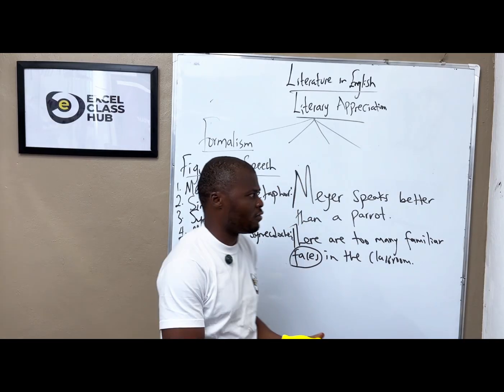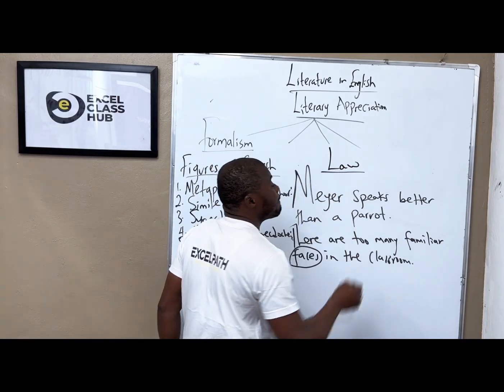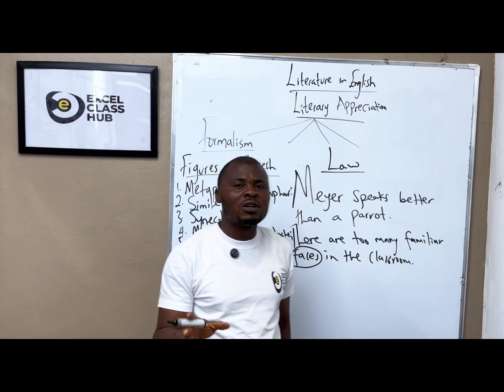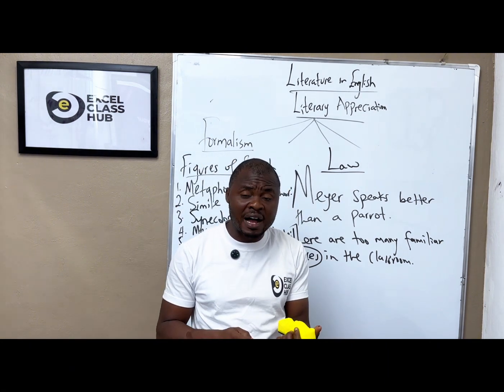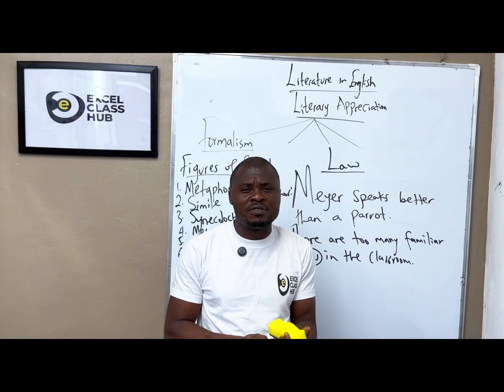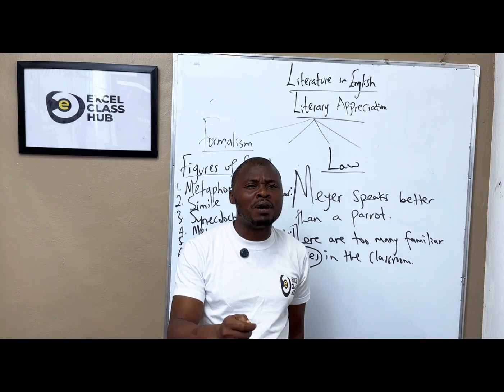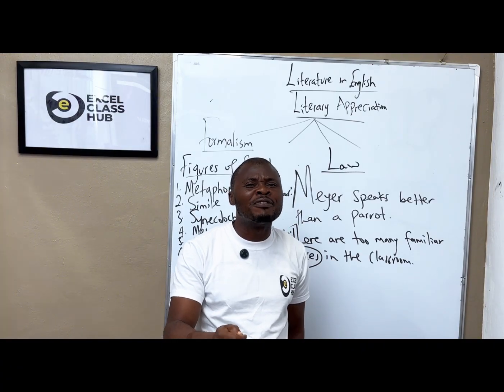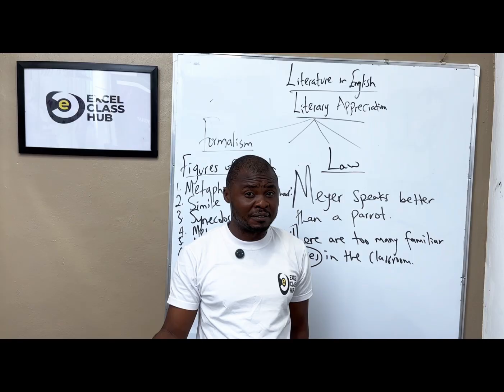Let's talk about law, for example. Law. There are so many things lawyers use. They have their wigs, they have their gowns, they have the bar. They have so many things. But why is it that it's only the bar that is used to refer to them? So that's the most popular thing.